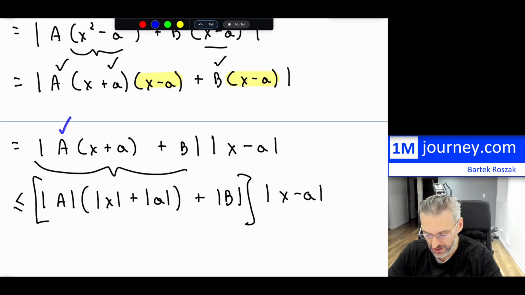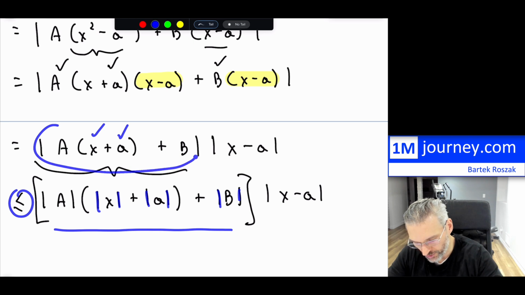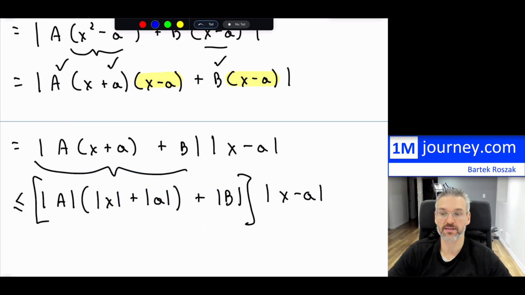I don't know what this capital A is, right? It could be positive or negative, so that's why I'm putting it in brackets. I don't know what this and this will be, so I'm putting it all in brackets. So I'm just dealing with positive numbers. This is just an inequality to make sure that we are bigger or equal to this.